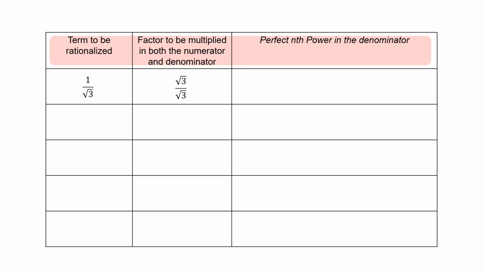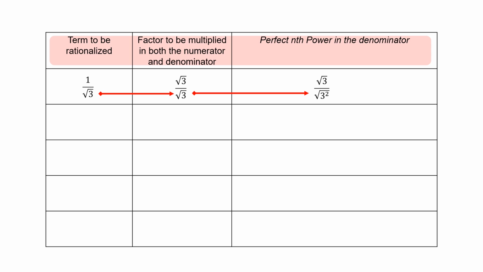So, we have sa numerator, 1 times the square root of 3, which is equal to square root of 3. At sa denominator naman, square root of 3 times the square root of 3 is equal to the square root of 3 squared, or simply square root of 9.